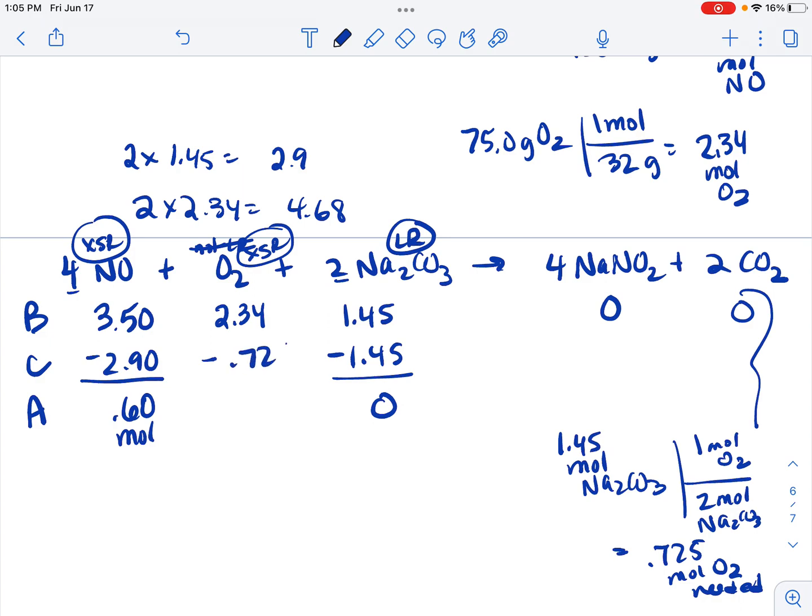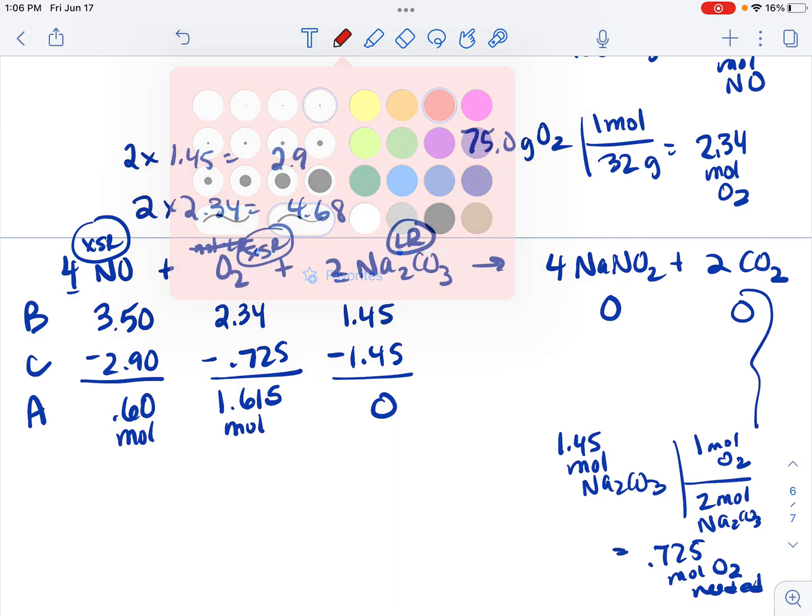So this is going to be minus 0.725. And after I do that, that gives me 1.615 moles of oxygen left.